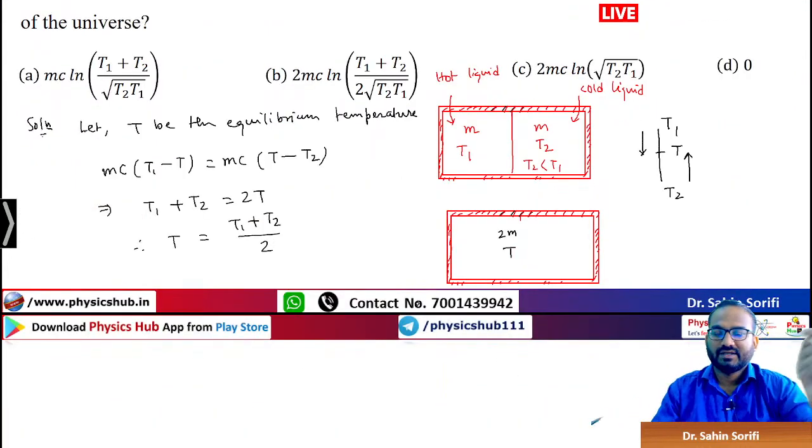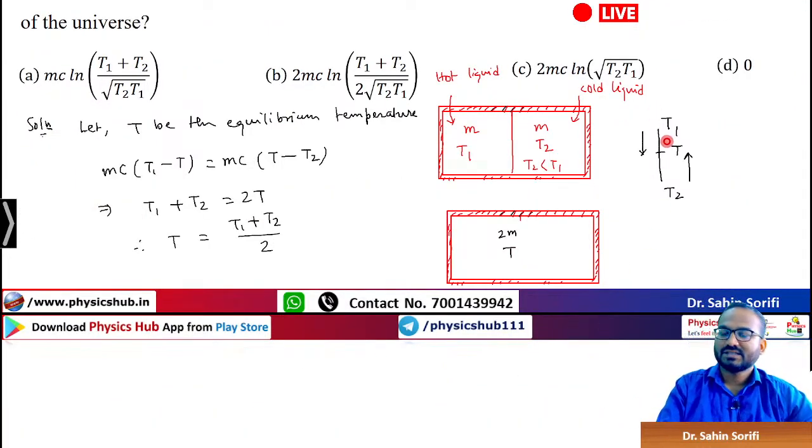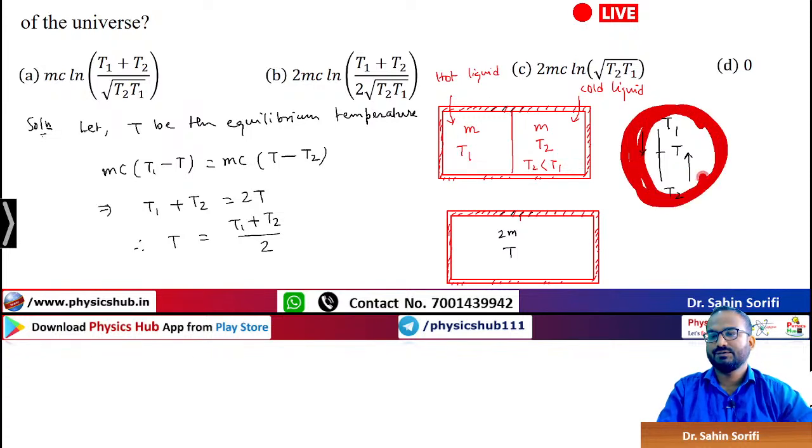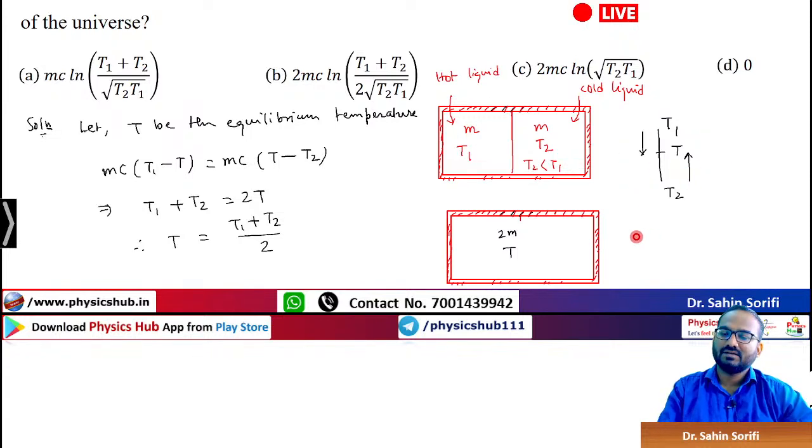So what do we have to calculate? We have to calculate the change in entropy for the hot liquid coming to temperature T, and for the process from T2 to T. The total change in entropy of the system will be the sum of these two, and as the surrounding entropy change is 0, this is the change in entropy of the universe.